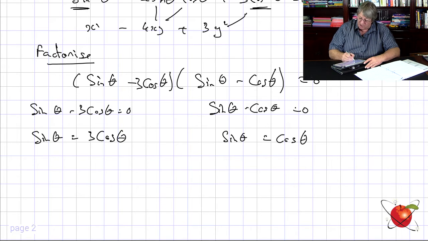I then divide by cos because I can, since it's sine theta and cos theta with the same angle. If those weren't the same, I'd have to use co-functions. Therefore, tan theta equals 3 and tan theta equals 1. Then I just solve them and I end up with theta equals 71,57 degrees plus 180k, and over here theta is equal to 45 degrees plus 180k.